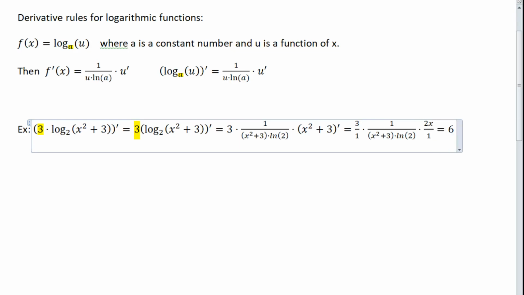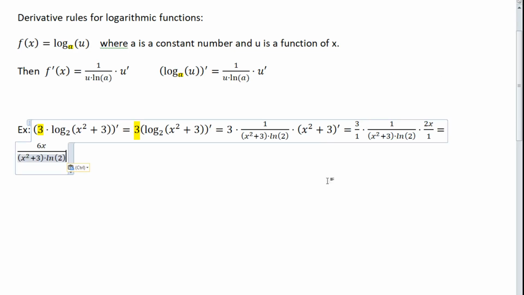You will have 6x over all of this. So your derivative will be 6x over x squared plus 3 multiplied by ln of 2. So that's how you find the derivative of a log function.